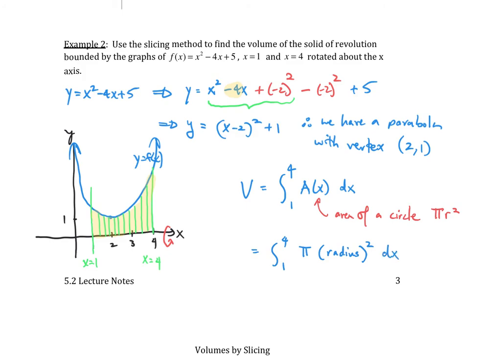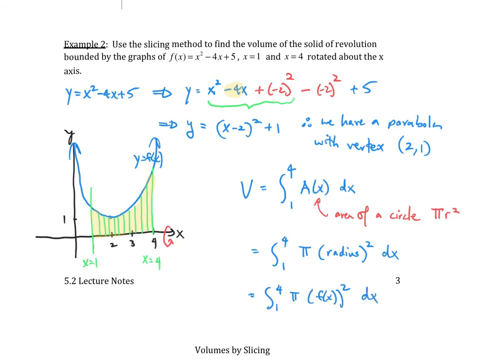Now, when we look at this picture, I hope you guys can see, for this particular slice right here, the radius of my circle is coming around the x-axis like this. The radius of my circle is just going to be the height of the function. So really, I can replace the radius with the integral from 1 to 4 of pi times the function f of x squared dx.